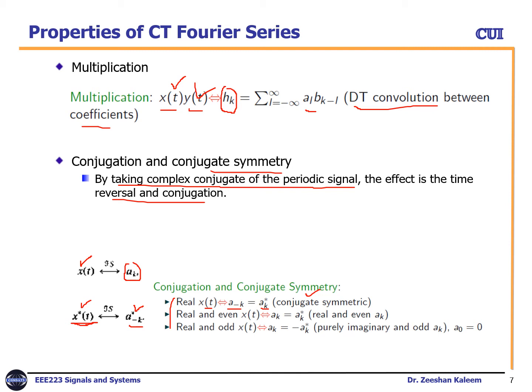The other case is real and even: the signal x(t) is real and even, so the coefficients satisfy a_k equals a_k star, and are real and even. Whenever the signal is real and odd, the Fourier coefficients satisfy a_k equals minus a_k star, which means they are purely imaginary and odd, and a_0 is equal to 0.